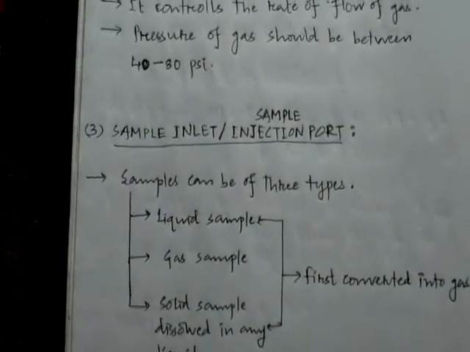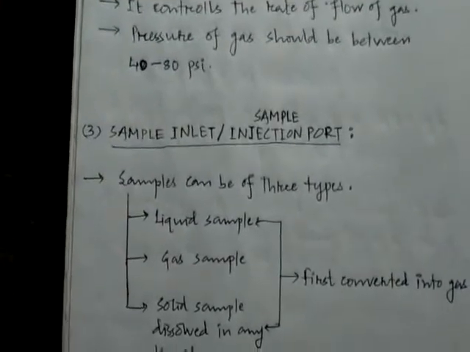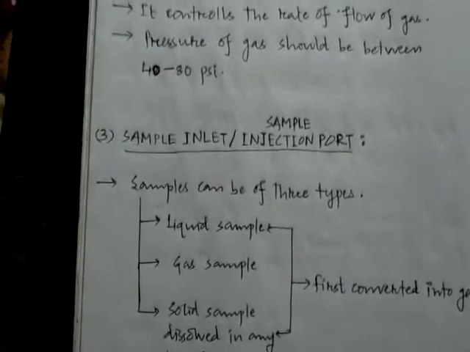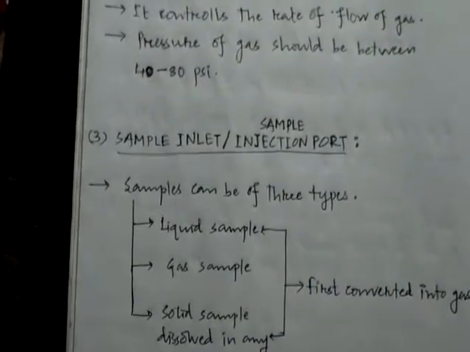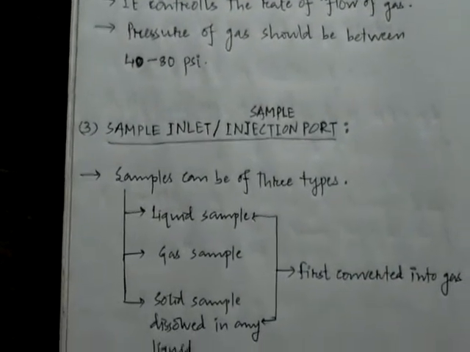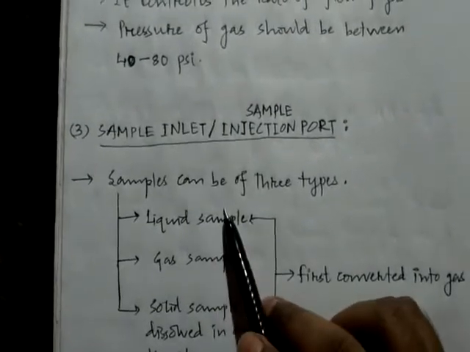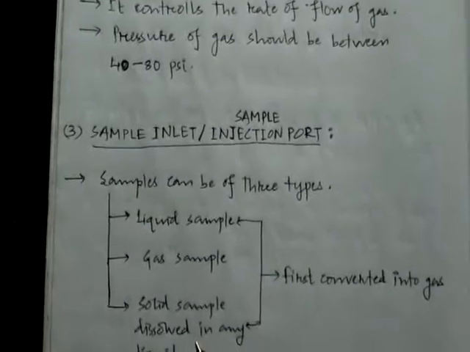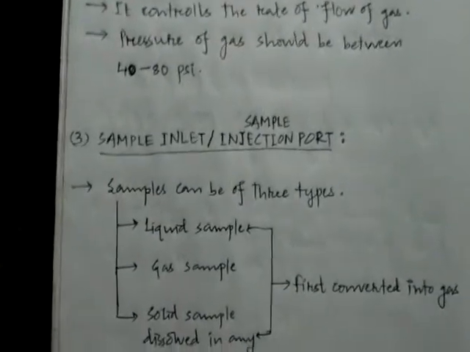The interesting fact about the sample is that it is first converted into vapor, if it is not already a gas, by injecting into a heated port, because gas acts as the mobile phase in gas chromatography. That means the liquid sample and solid sample dissolved in any liquid must be converted into vapor by injecting into a heated port.